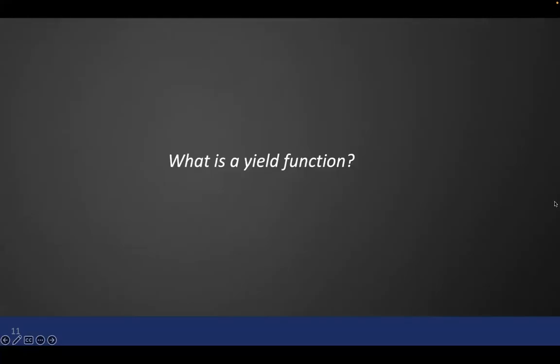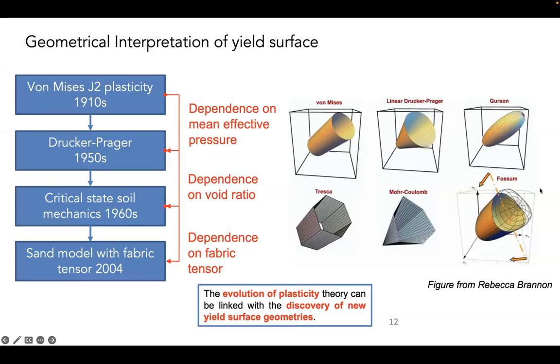You can see that from the Tresca to the von Mises, I make the yield surface a little bit more evolved, just to give me a taste of a more complex plastic flow. At different combinations of stress, if it yields, I can have different predictions, and I can create different types of behavior. So you can think of the discovery of the yield surface itself as a discovery of new geometry. This is actually one of the inspirations of what we're doing.